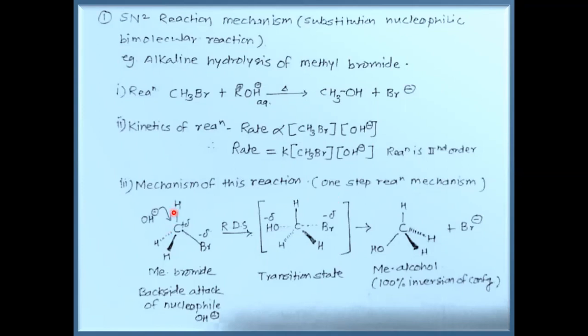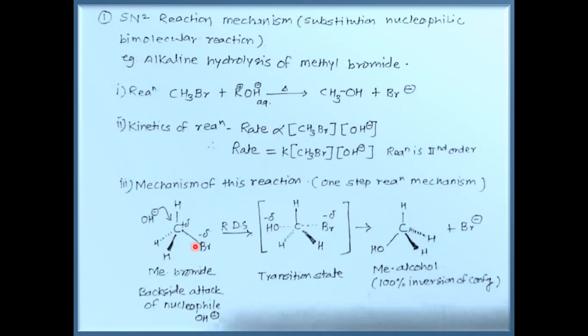Now this methyl bromide has tetrahedral geometry. In this, the C-Br bond is a polar bond, and the other bonds are C-H bonds. Here electronegativity is not considered for C-H because hydrogen and carbon have nearly the same electronegativities.